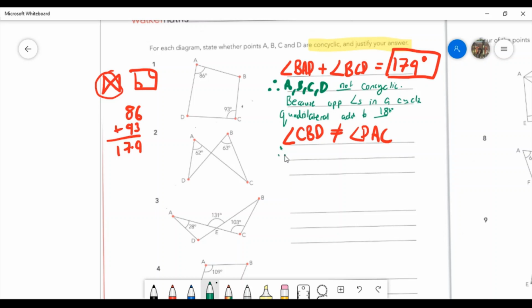Because of that, therefore ABCD are not concyclic.